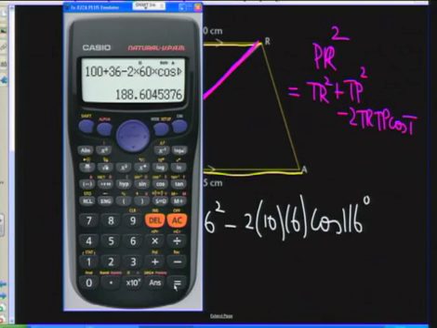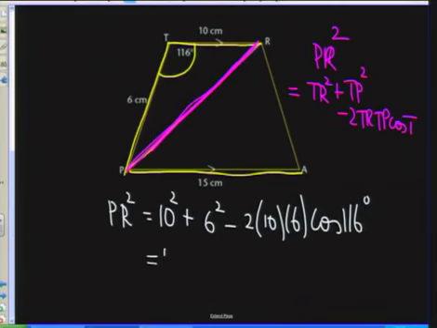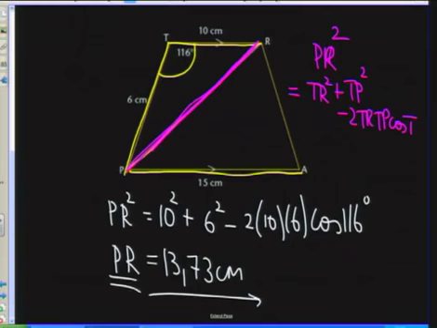But remember, that's PR squared. So we need to take the square root of that answer. And we get 13,73, and its measurements are in centimeters. Okay, so nice use of the cosine rule by being given side angle side. So that's PR, the length of PR.